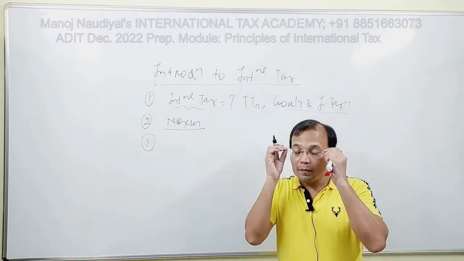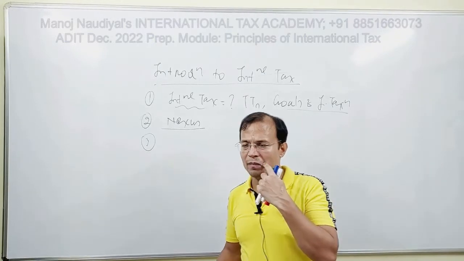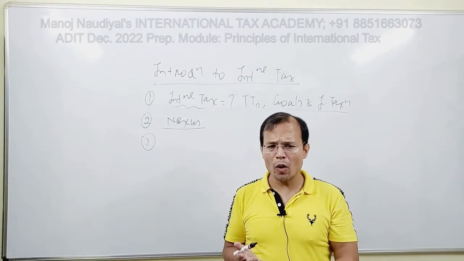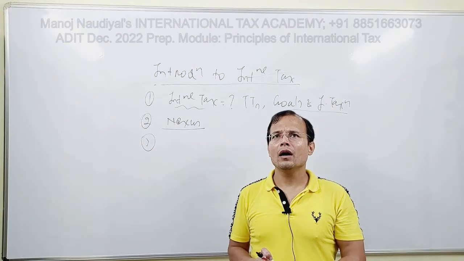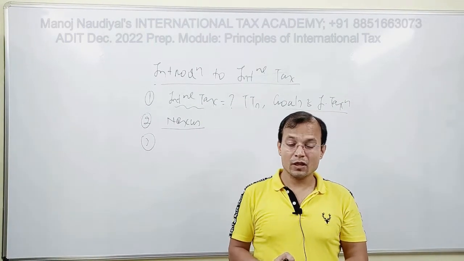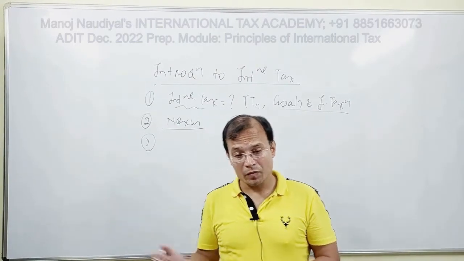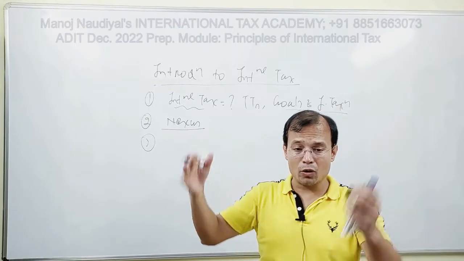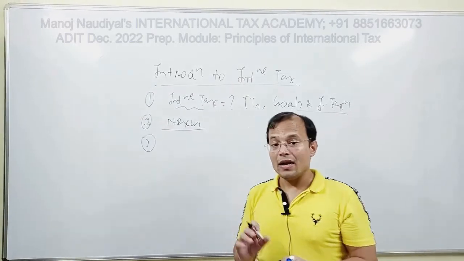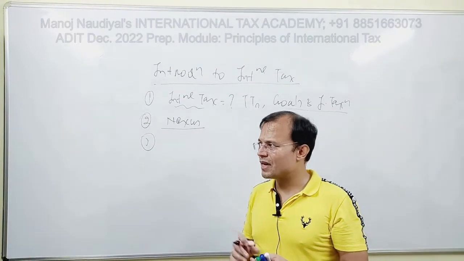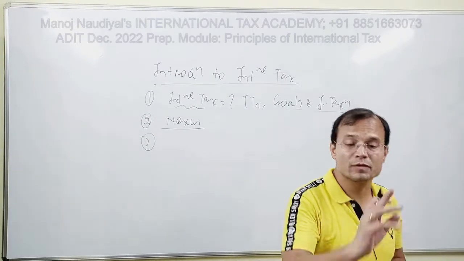In October 2020 the OECD had come out with 4 documents on Pillar 1 and Pillar 2. 3 documents were very bulky: the economic impact assessment of Pillar 1 and Pillar 2, the Pillar 1 detailed document, the Pillar 2 detailed document, and then there was a concise summary. So in those documents, there was a repeated mention of nexus rules.